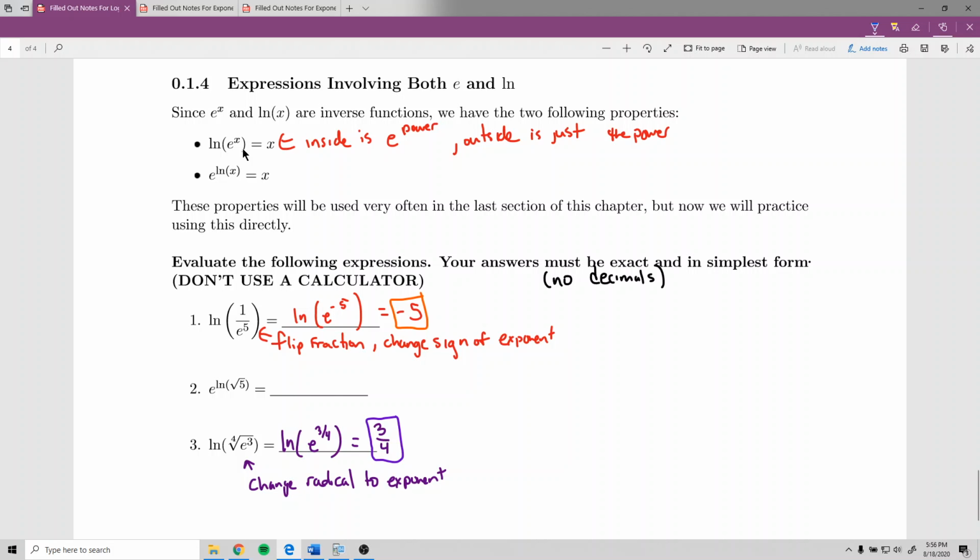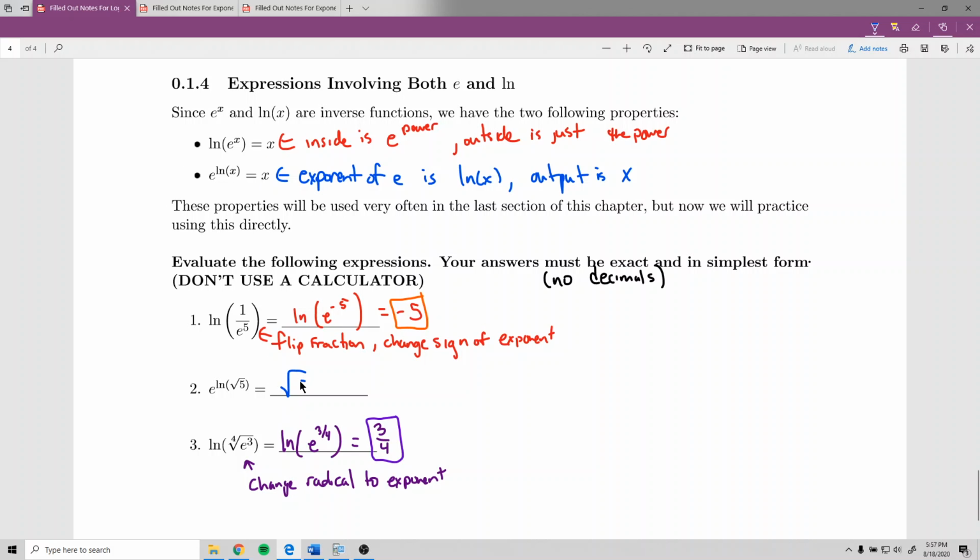And then the last one uses the other property. This one's less commonly used, but it's still used. What this says is if the exponent of e is ln of x, then the output is x. This one's oftentimes easier to use because there's less you can do with log rules. So e to the ln of the square root of 5, well, that's exactly written like this.